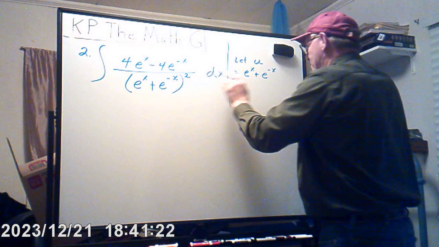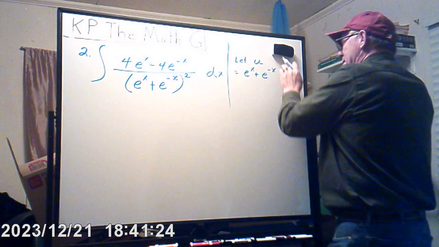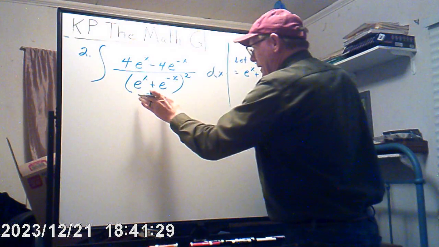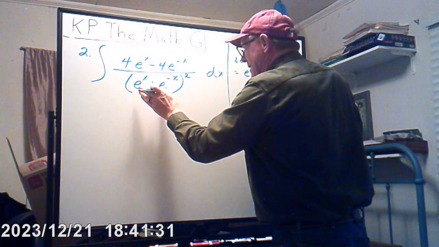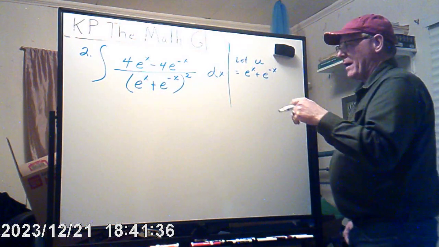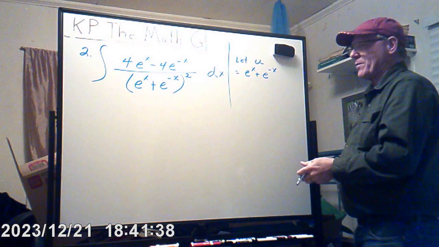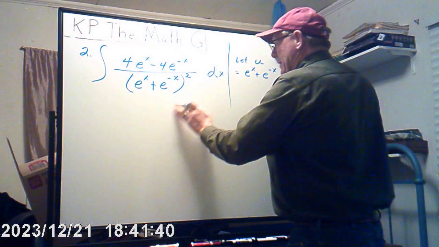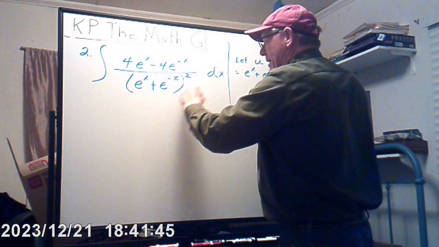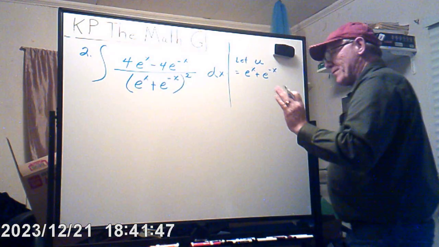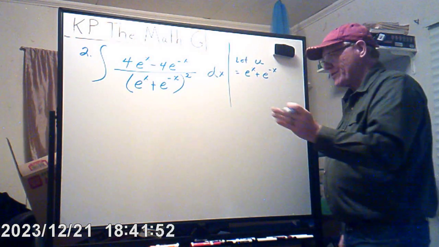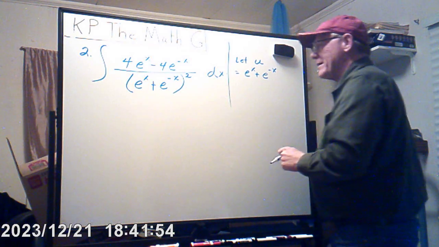Do not put that in parentheses and let that be this squared. You don't want to do that. Just let u be that right there. Incidentally, I would rather have this in the numerator, but for right now I'm going to keep it in the denominator for emphasis. I'll show you why I want to do it that way.